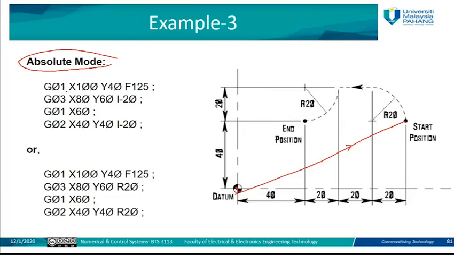I can also use the rapid traverse or fast movement, G00. In both cases, we are going to reach this point, which is the start point. The start point coordinate is x equal to 40 plus 20 plus 20 plus 20, so it is 100. This is the value of x. The value of y here is 40.